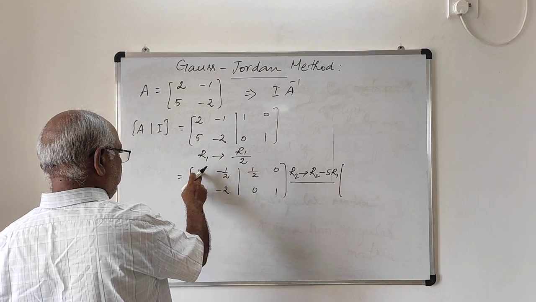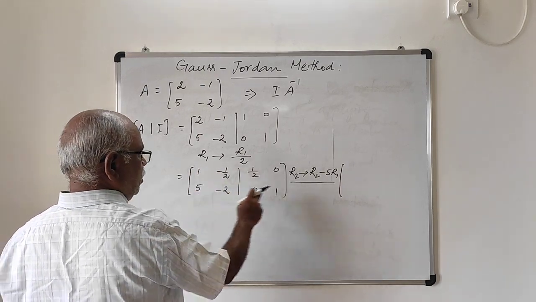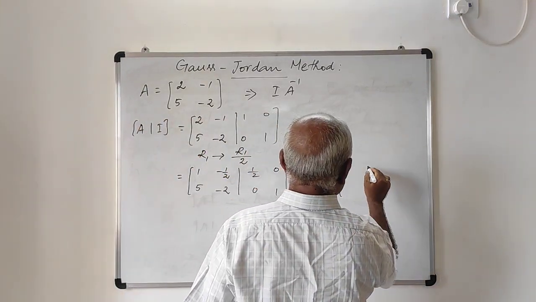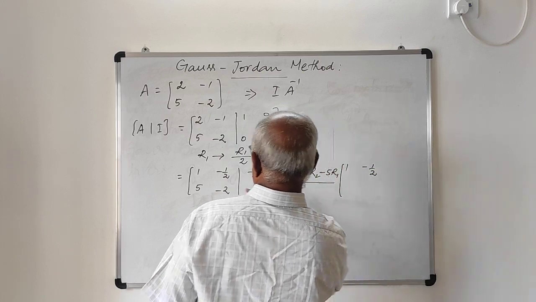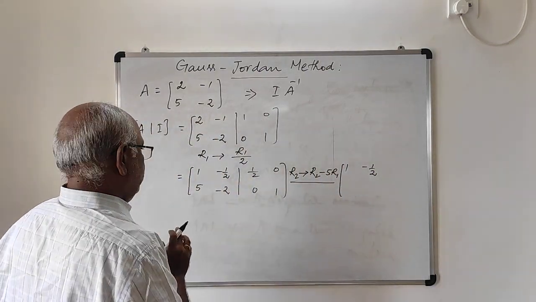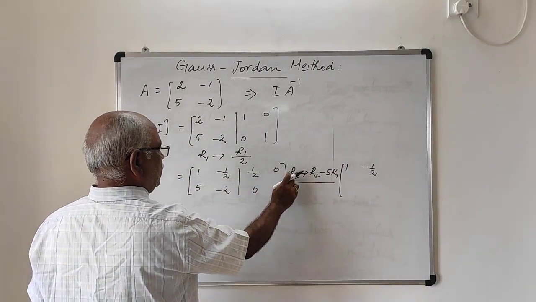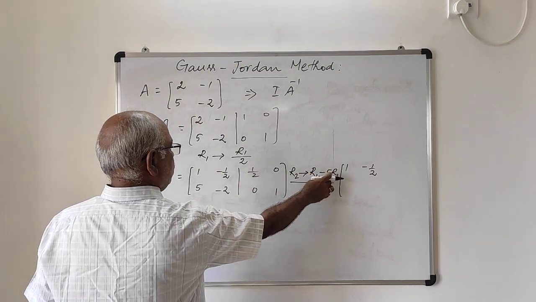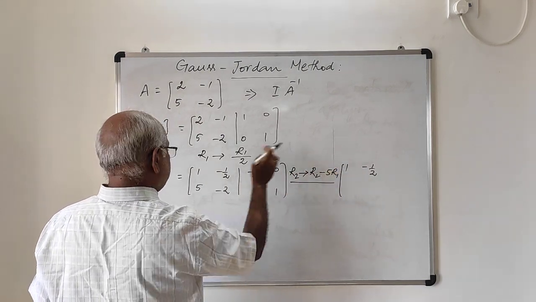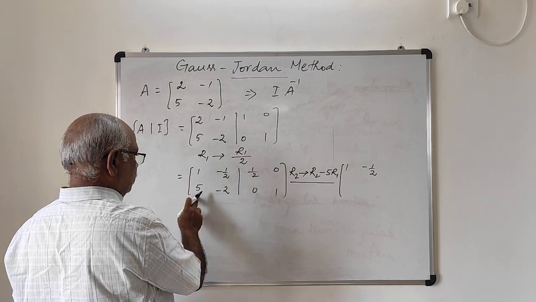5 times R1 gives 5 in the first place. The first row you need not change. For the second row, multiply R1 by 5 and subtract. 5 minus 5 is 0.